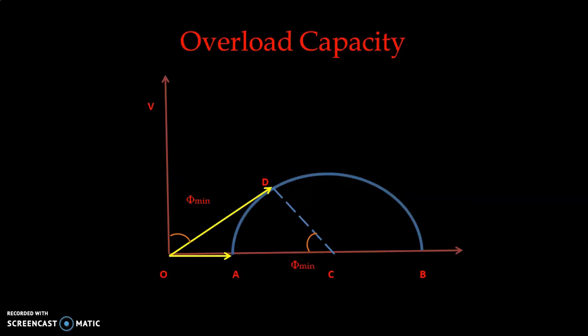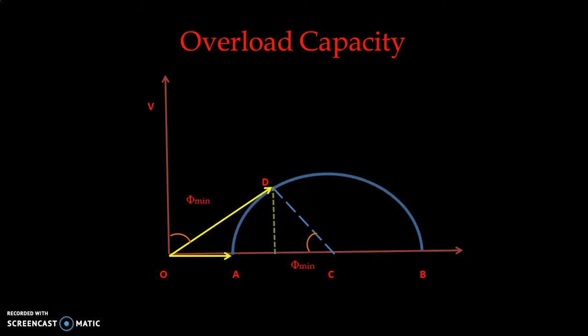Okay, same way, if we see the effect of dispersion coefficient on overload capacity, then with the same circle diagram we can further derive overload capacity. So let us draw the output line with respect to our full load current.